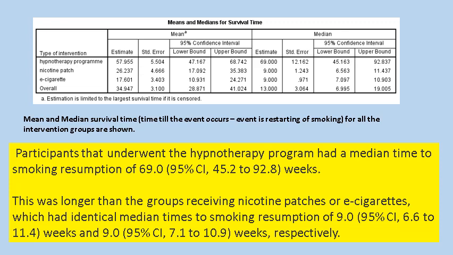Okay, nicotine patches. What was the mean time to smoking resumption, or restarting of smoking? For nicotine patch, mean time was 26.237 weeks and the 95% confidence interval of the mean was from 17.092 to 35.383.